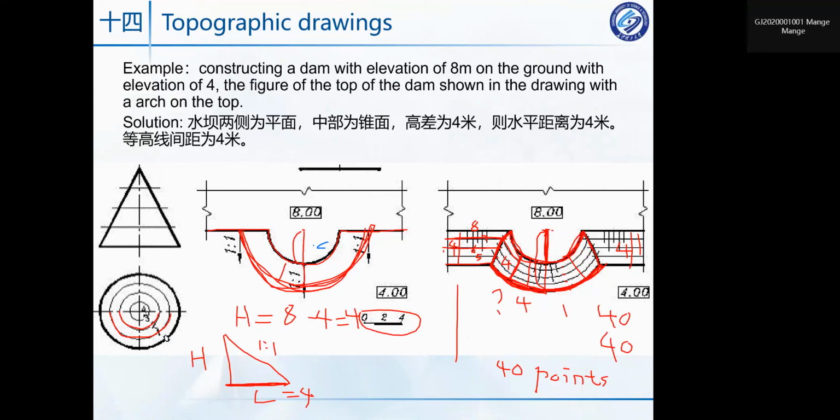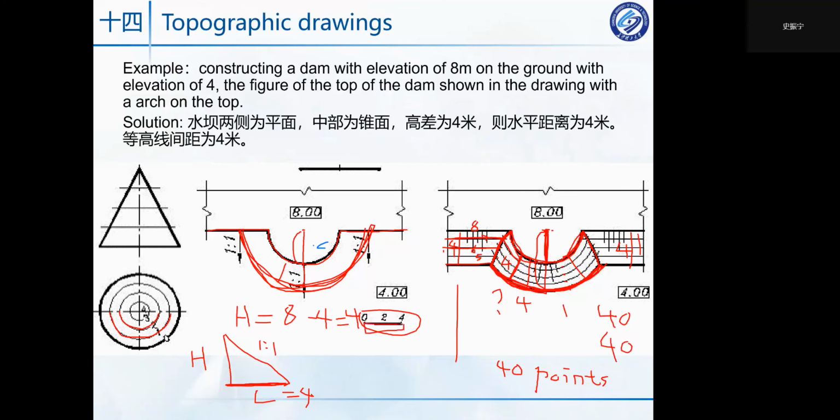Oh, okay. So we are supposed to use the scale ruler. Now you can see this scale ruler is 0 to 4.